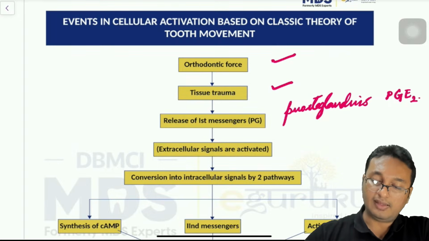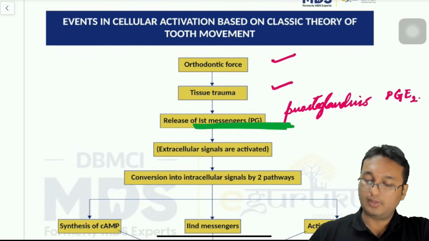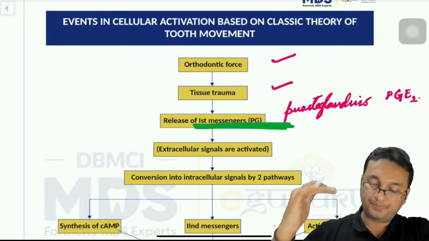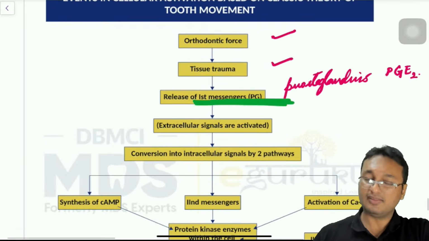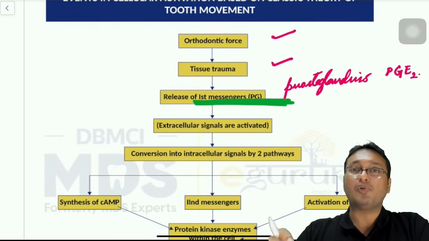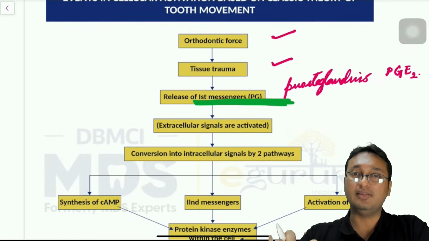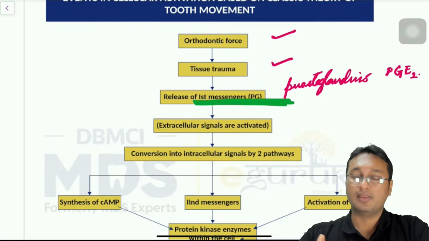This prostaglandin is called first messenger. Now it reaches the cell membrane, but because the molecule size of prostaglandin is quite large, it cannot directly penetrate inside the cell.